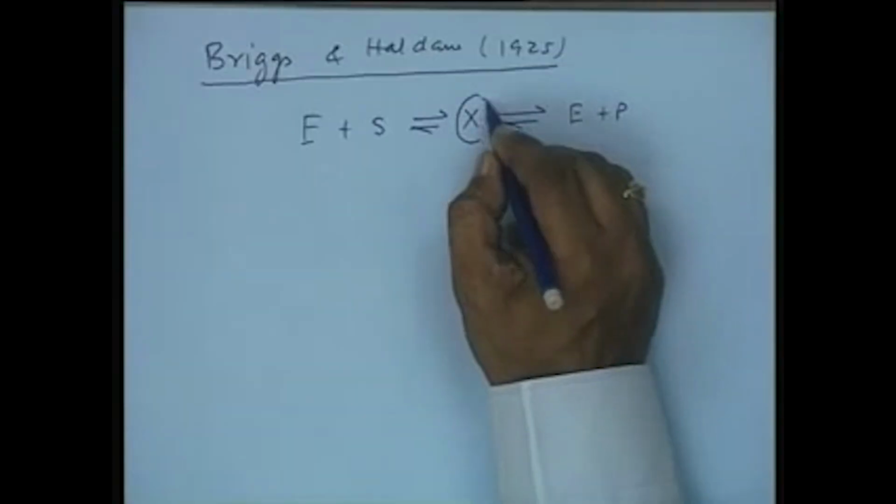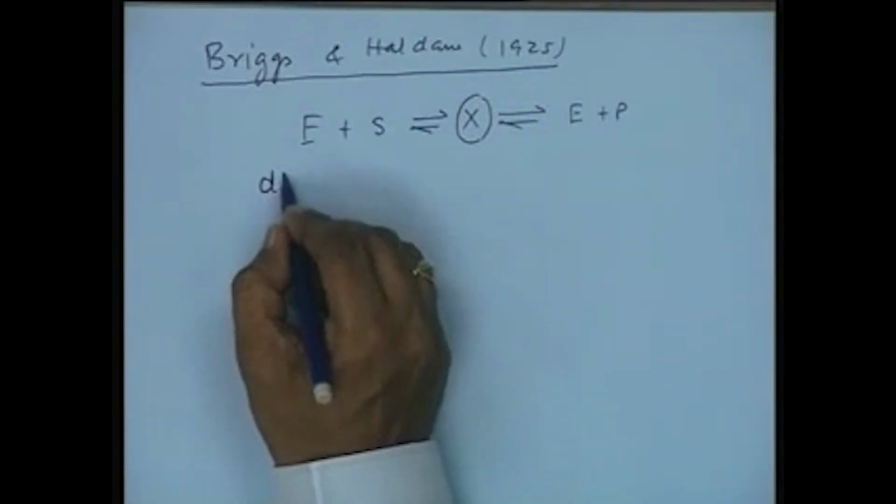The isomerization of glucose to fructose is a truly reversible enzyme reaction, and there are many such examples where the reaction can be catalyzed in either direction. Therefore he also considered that even the second step in the sequence is reversible, and we need not limit it to irreversible behavior.